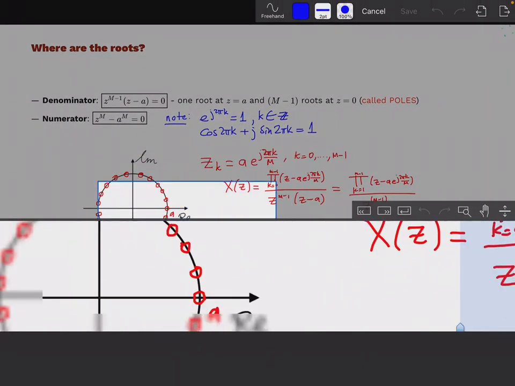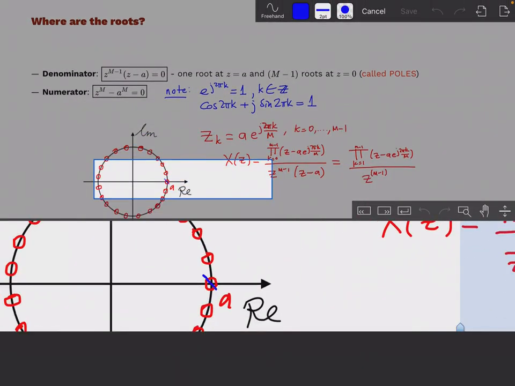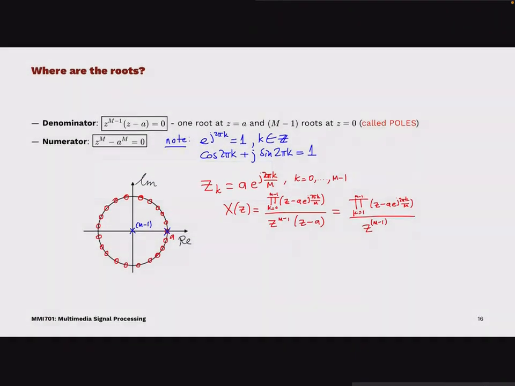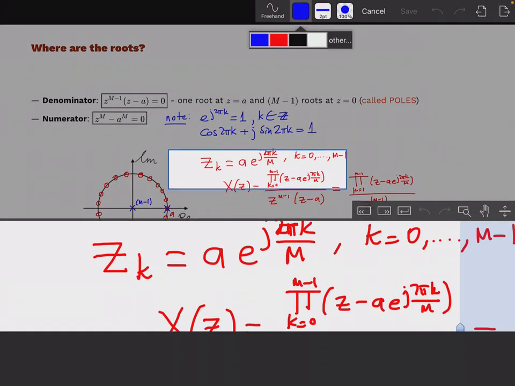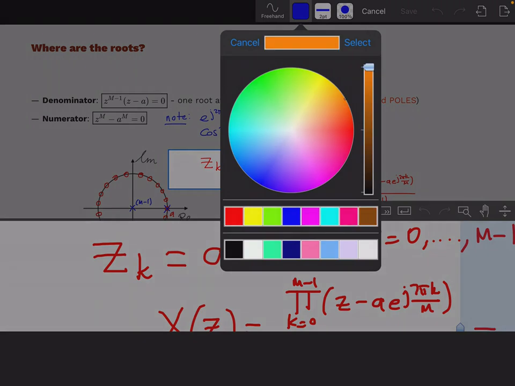So we have one pole at z equals a and m minus 1 poles at 0. And since these two are going to cancel out, we're going to have m minus 1 poles and m minus 1 zeros effectively.